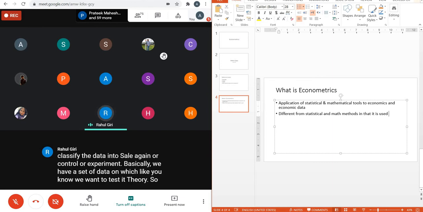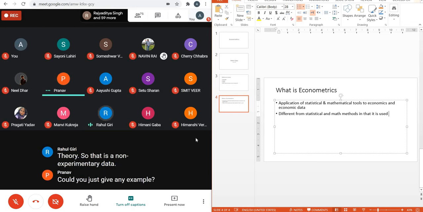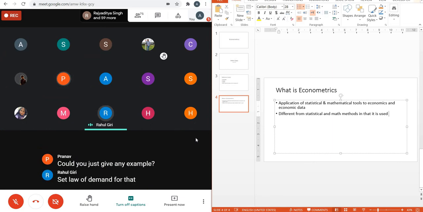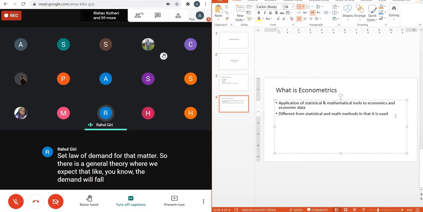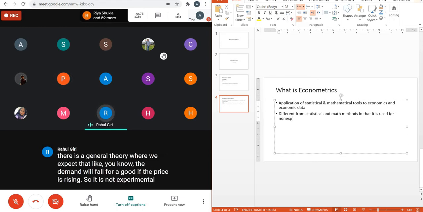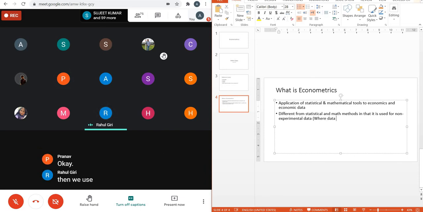Take the law of demand, for example. We expect that demand will fall for a good if the price is rising. It is not experimental in nature. There are deviations, but it is universally true for any product. So where data is non-experimental, we use econometric models.